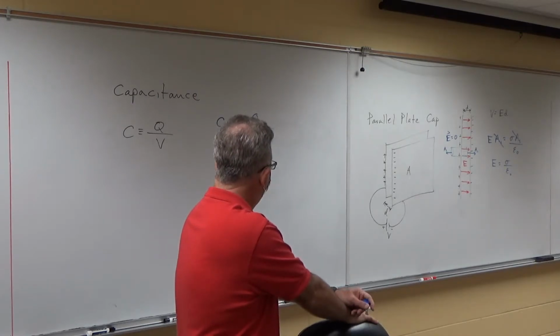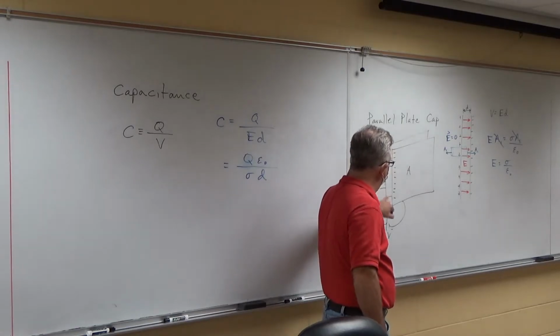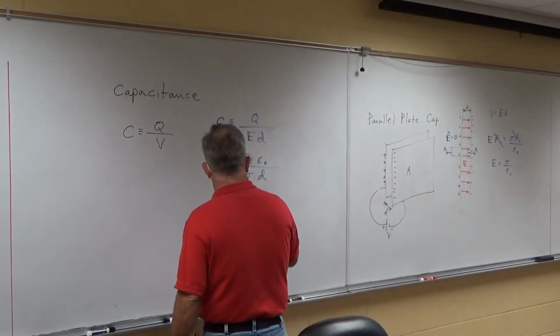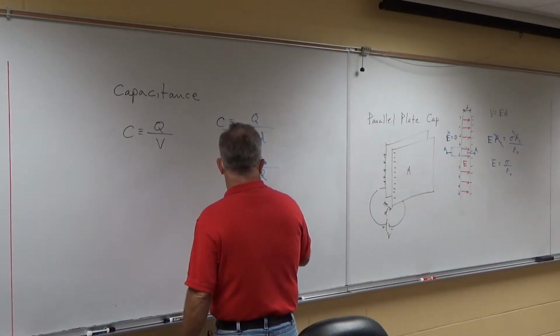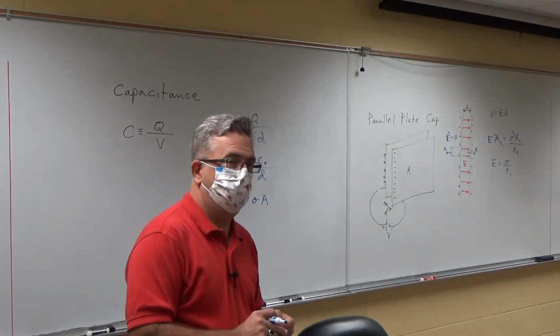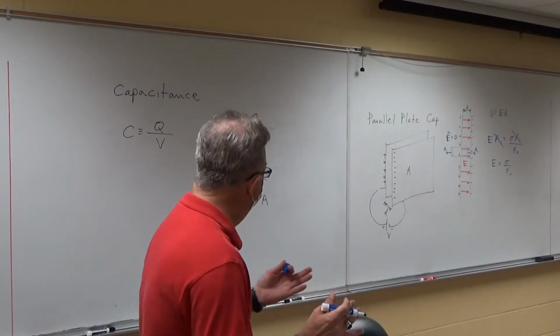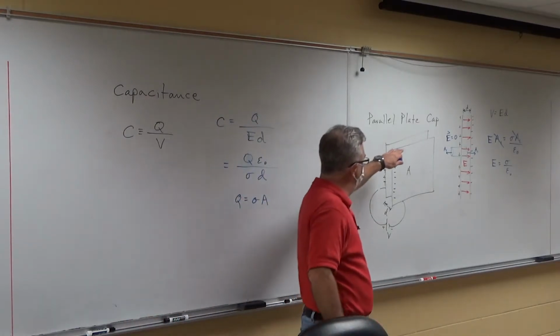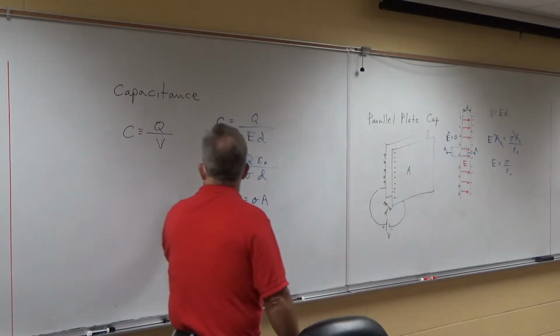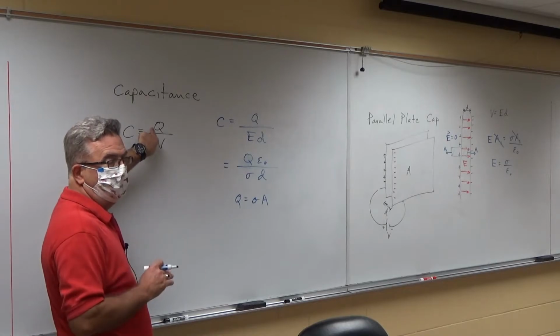Okay. But Q, the total charge on this thing, is equal to sigma A. That's the charge density times the total area. And this Q, by the way, is the charge on one plate.